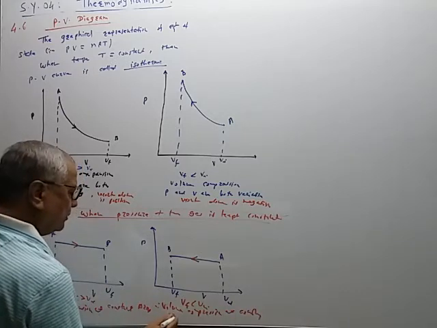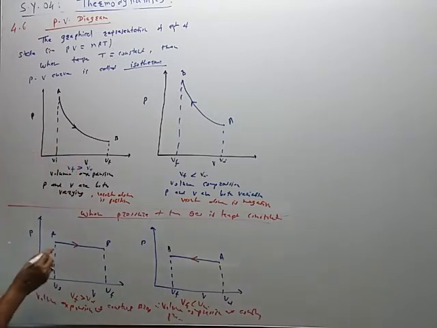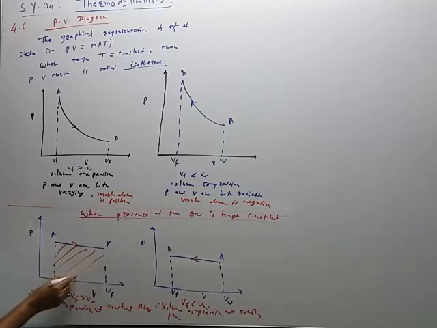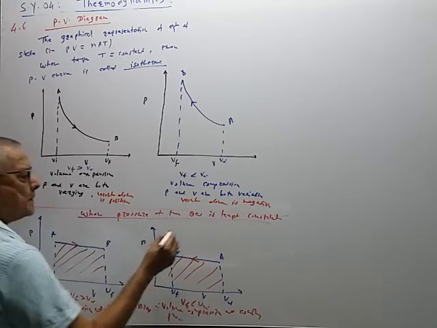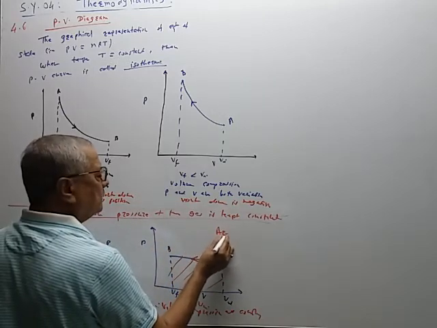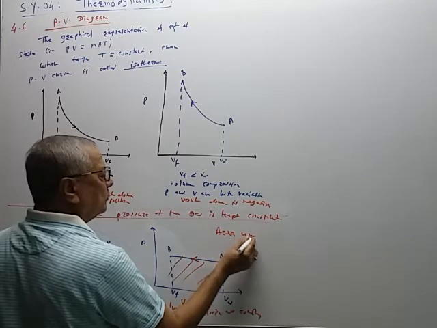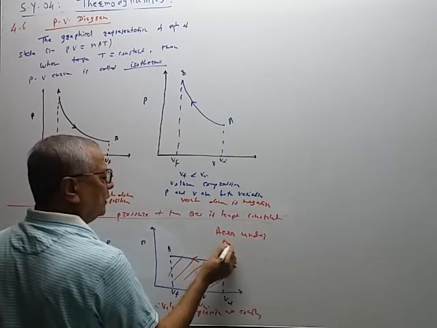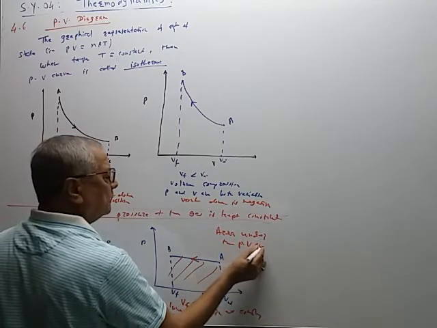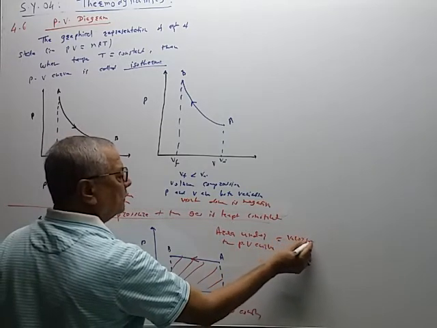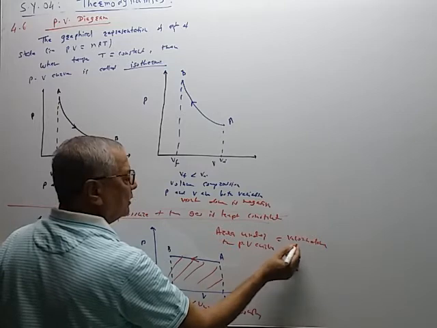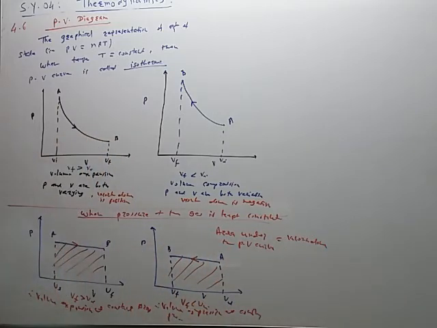At constant pressure, in this case again, we can show that the area under the PV curve gives the work done. Work done during either volume expansion or compression.